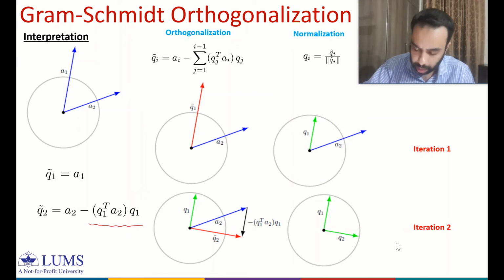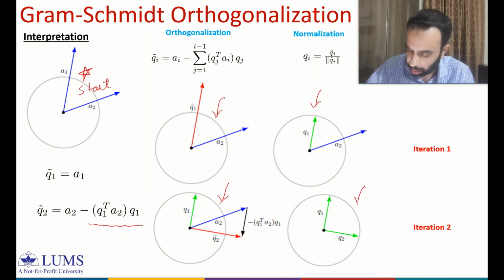So we started from here, this is the starting point. In the first iteration, this is orthogonalization and this is normalization, and in the second iteration you get orthogonalization and normalization.